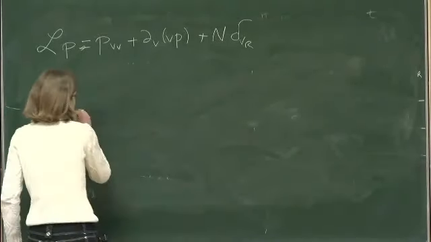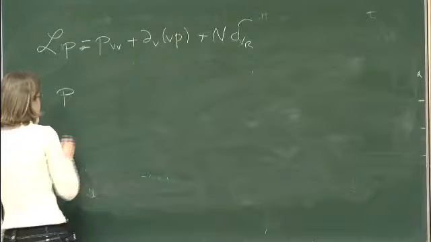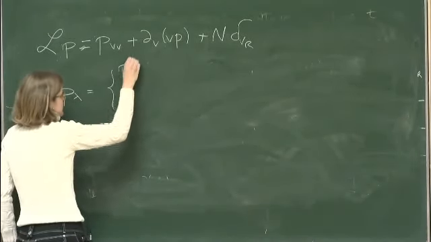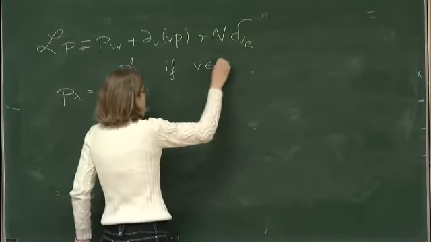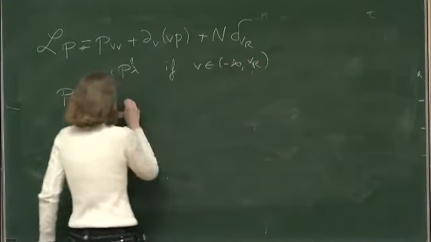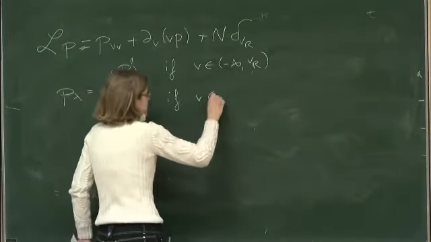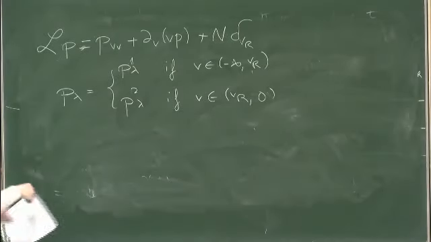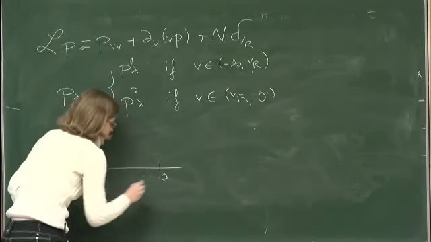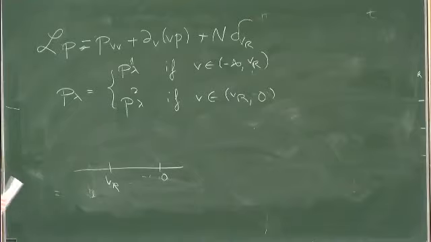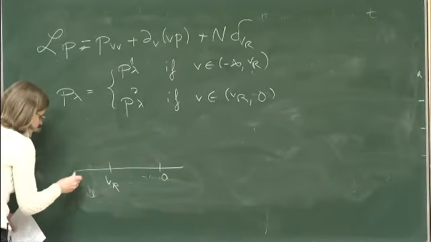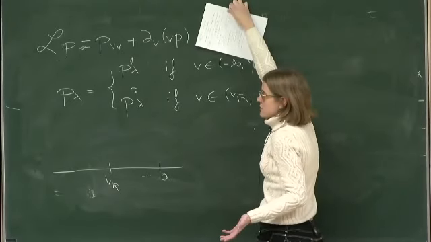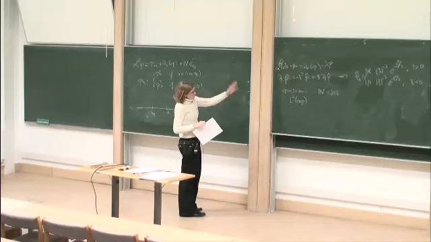This is only telling you that you are going to look for solutions for lambda where you split in two parts: P1 lambda if V is between minus infinity and V_R, and P2 lambda if V belongs to V_R to 0. I'm almost done, don't worry. If you are far from the delta position, this is a Fokker-Planck equation, so the only possible solutions are the ones I have found before with that form.